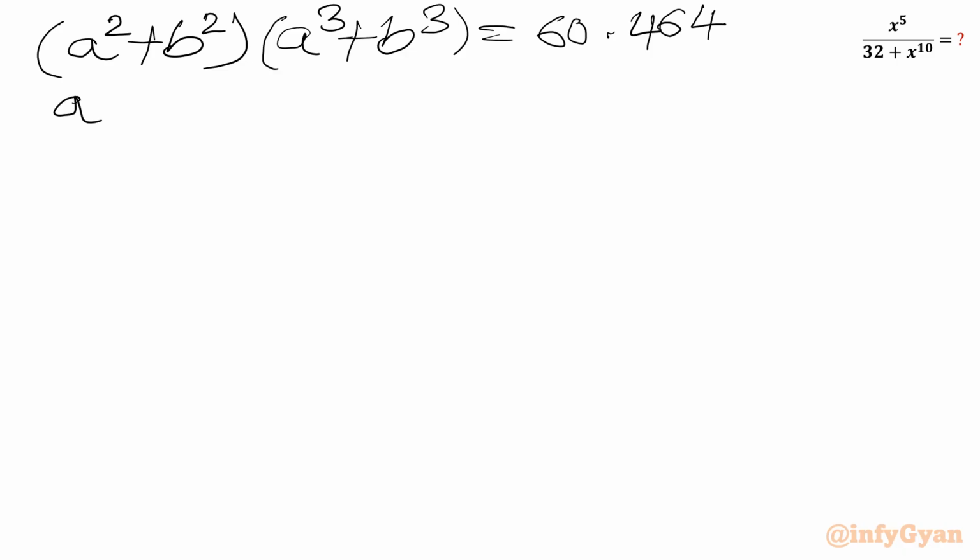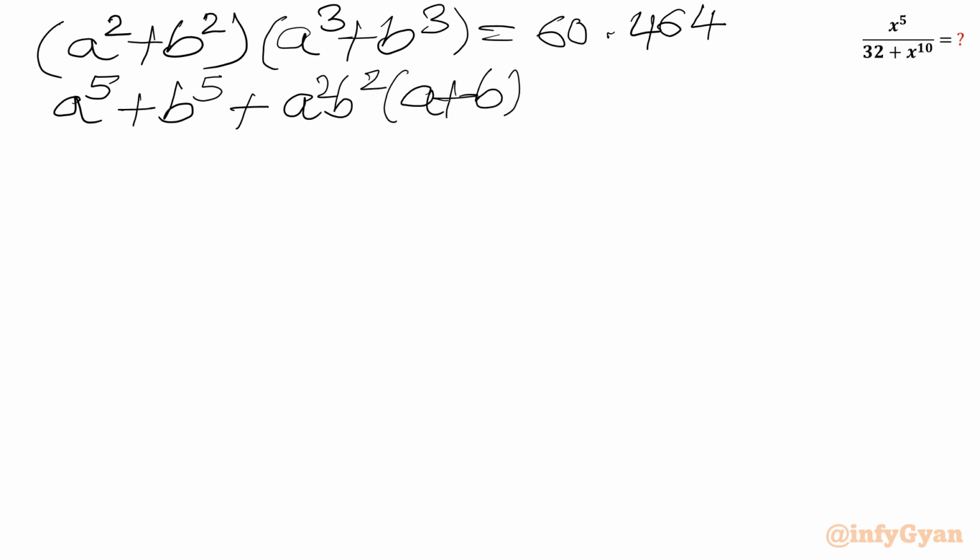So a square times a cube, a power 5, b square times b cube, b power 5. Cross product will get a square b cube plus b square a cube. So a square b square will be common. In the bracket, it will be a plus b. And if I take the product in RHS, this will come out 27,840.